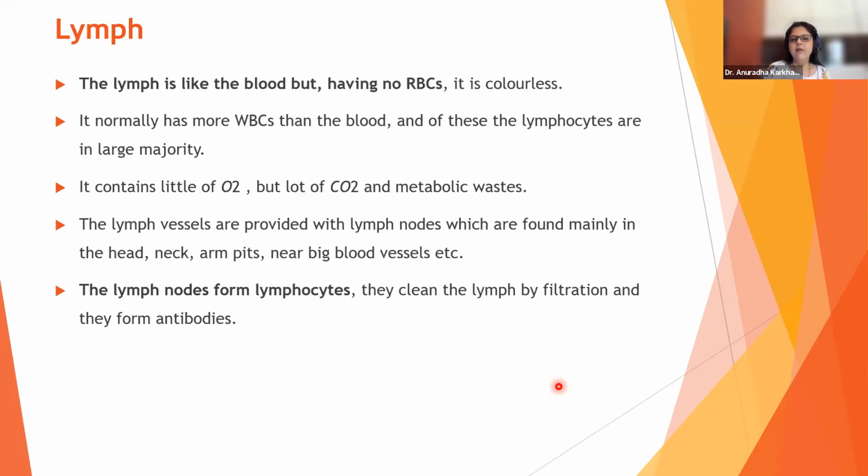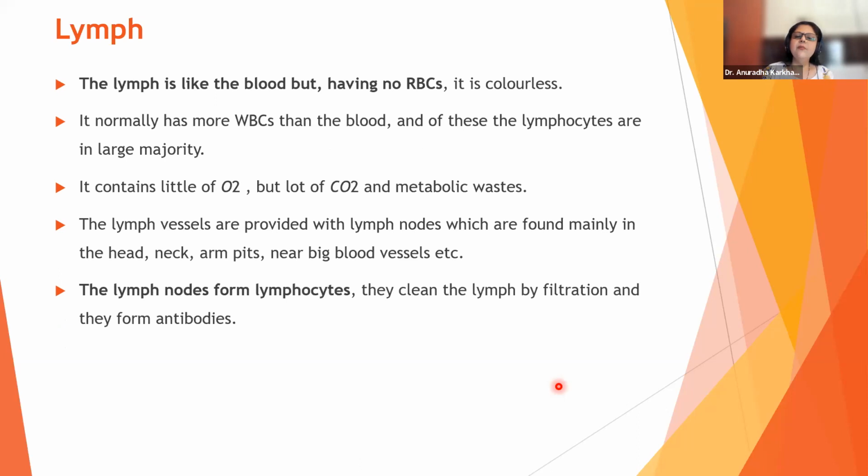Lymph is like blood but having no RBCs. It is colorless. It is normally having more WBCs than the blood. And these are the lymphocytes which form majority of our connective tissue fluid. It contains little oxygen but a lot of CO2 and metabolic wastes.